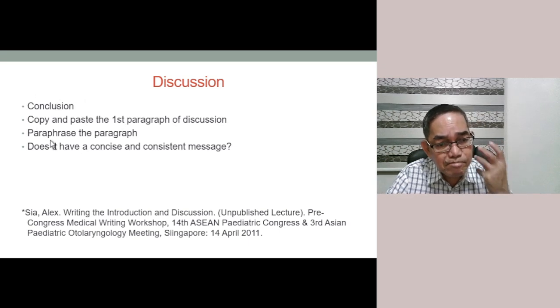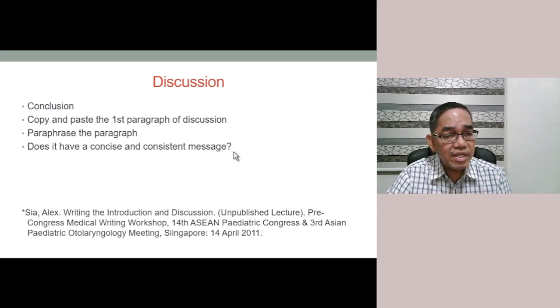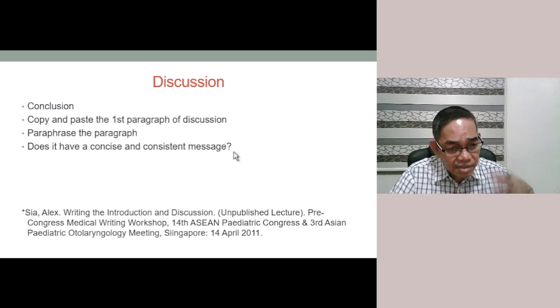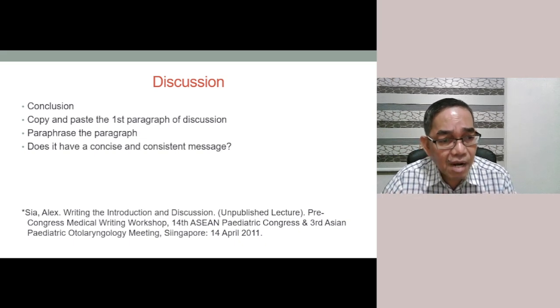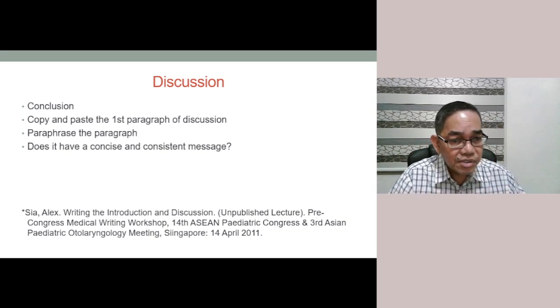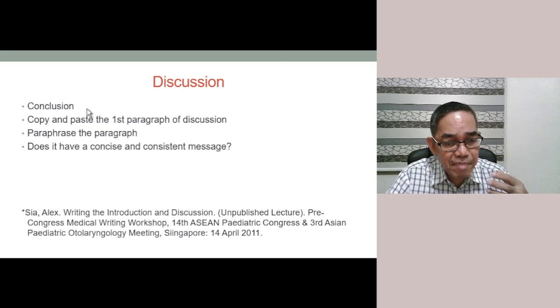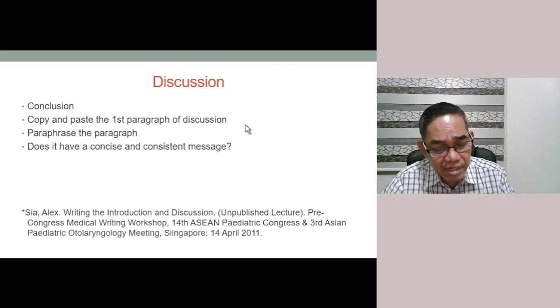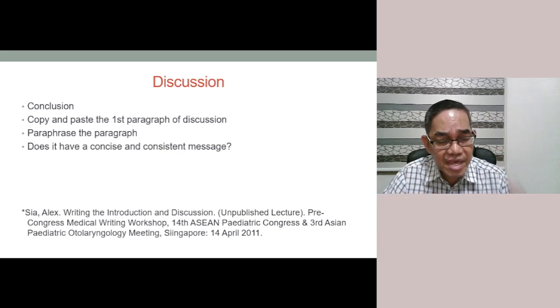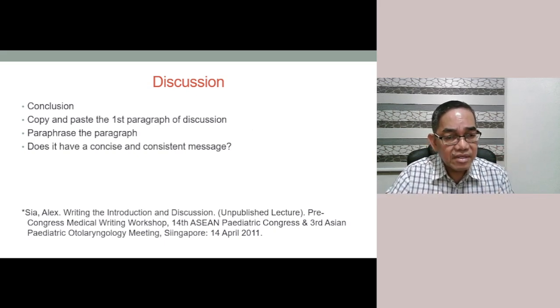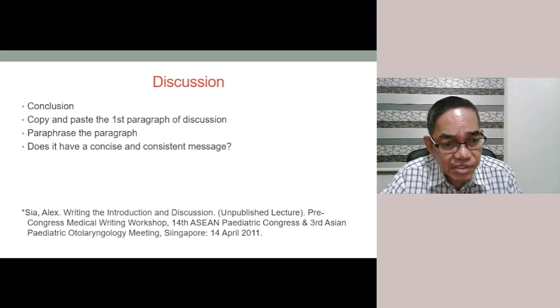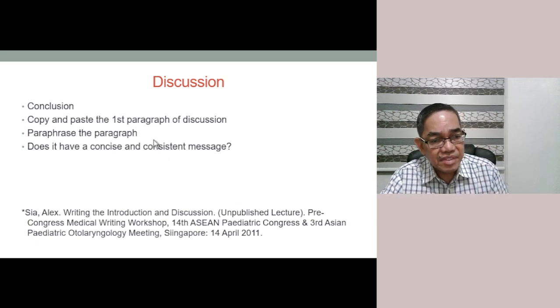But you need to paraphrase that paragraph, because the conclusion is the same as the summary of the primary outcome, as we said a while ago. So the first paragraph and the last paragraph should be talking of the same things, except that the last paragraph is a paraphrase of the first paragraph.